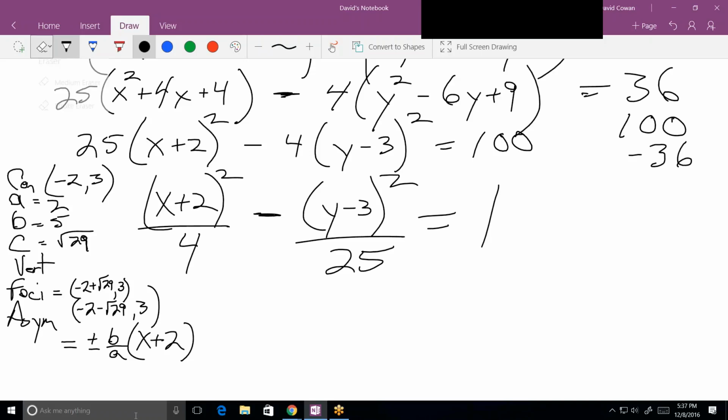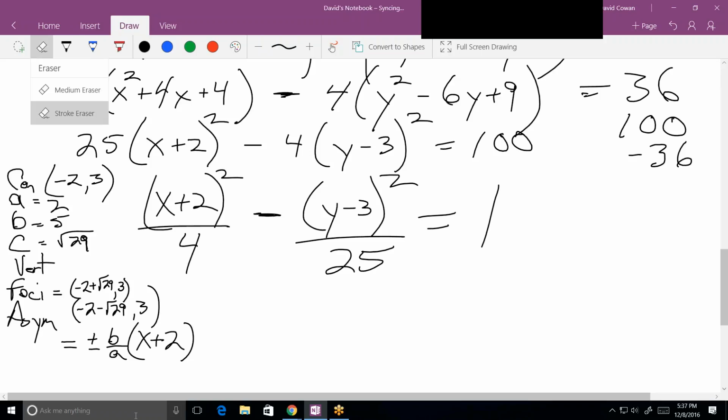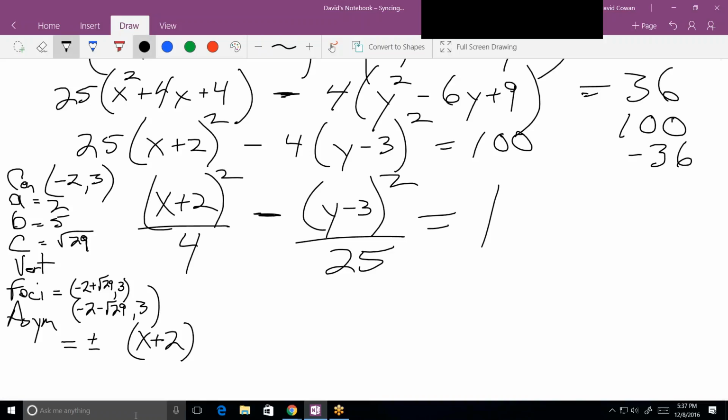Here, what is B over A? 5 over 2. And then plus K, so what is it? The +3. And that's the answer you would want to get.